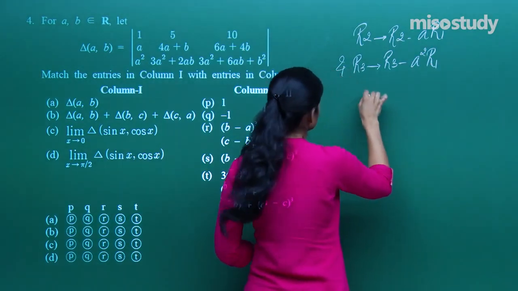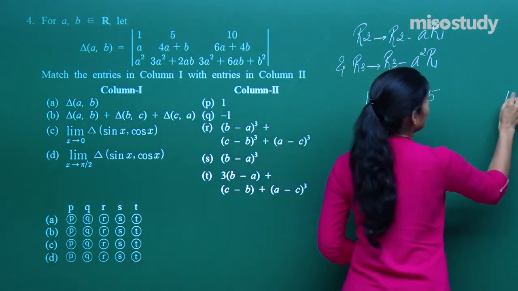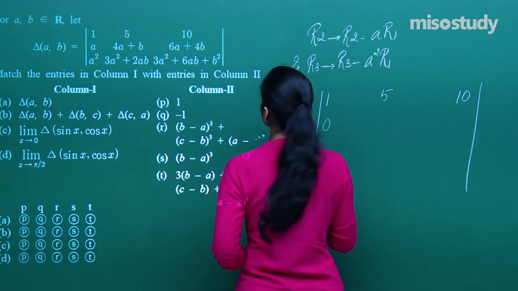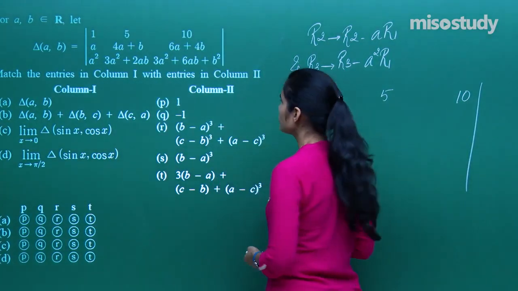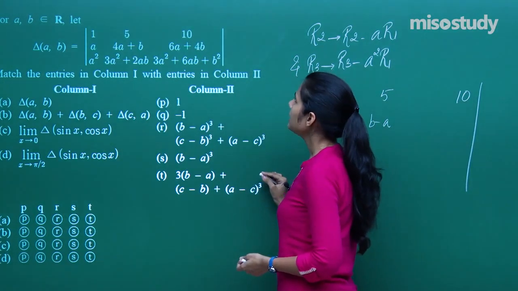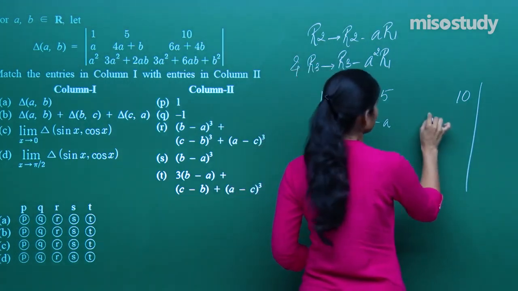Right, so what do I get? This is 1, 5 and 10. Then this is A minus A, which is 0. Then this is 4A plus B minus 5A, which is B minus A. Then it is 6A plus 4B minus 10A, which is 4B minus 4A.